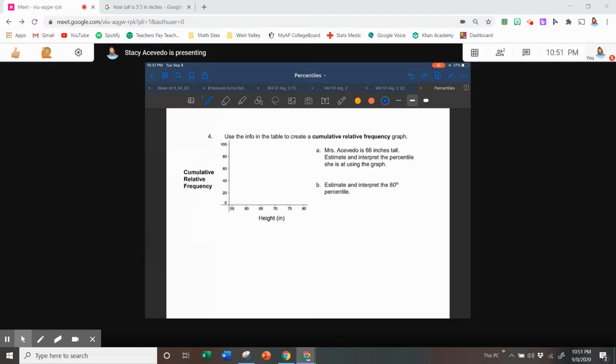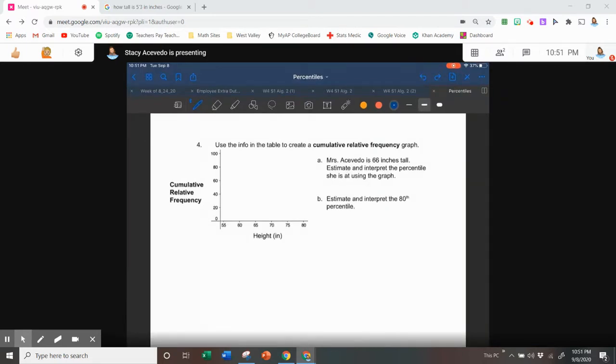But anyways, we're creating a cumulative relative frequency graph. So we want to change our scale here. It does still start at 0, but I'm going to put our 0 here, and we're going to cross off this 20. Keep in mind we're dealing with percentage.